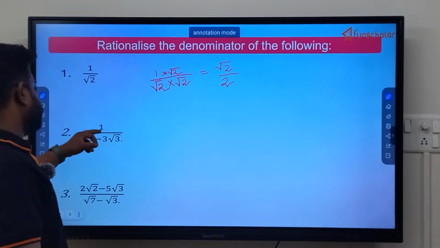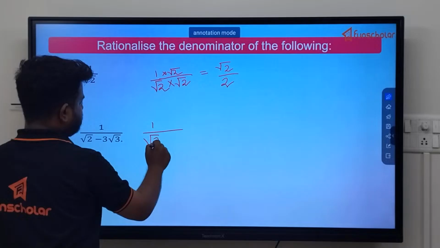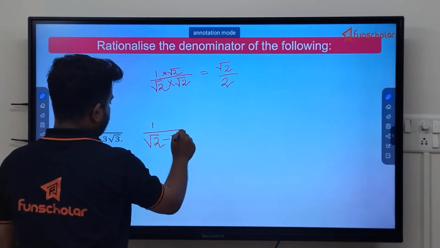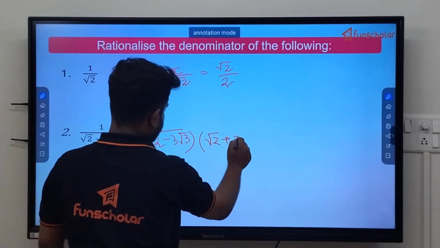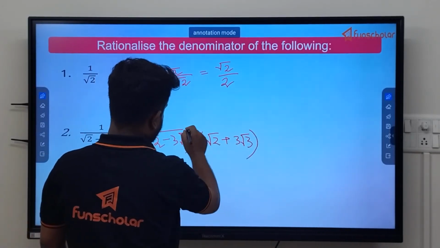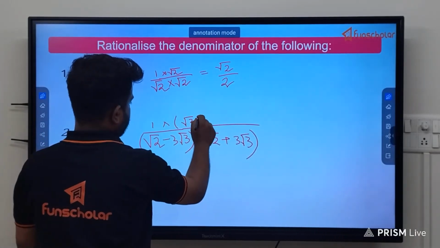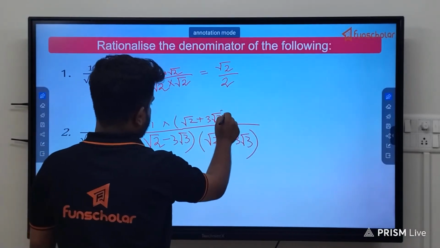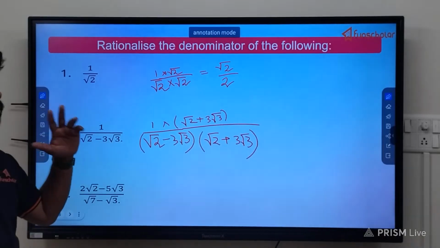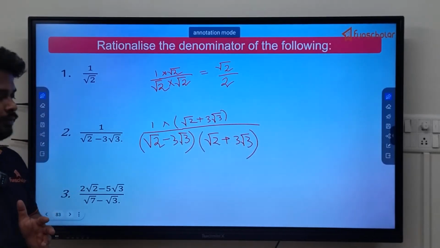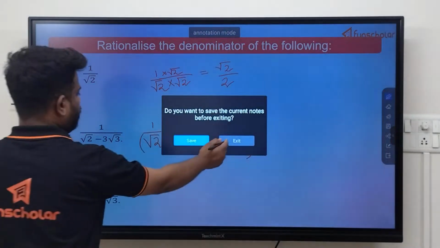This will also follow for the next processes, where we have to multiply like this to make it a rational number. The same process will be applied in number 3 also.